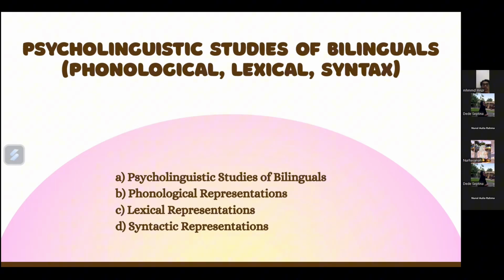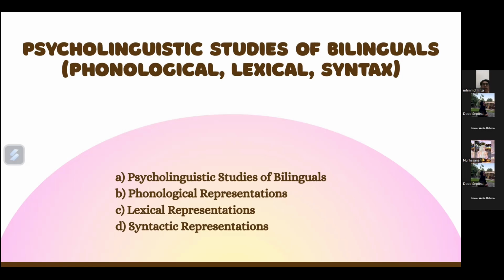One key question in psycholinguistic research is whether bilinguals store words in a shared or separate mental lexicon. Some models propose a shared lexicon where words from both languages are connected at a conceptual level, while others suggest a language-specific lexicon with separate word entries for each language.